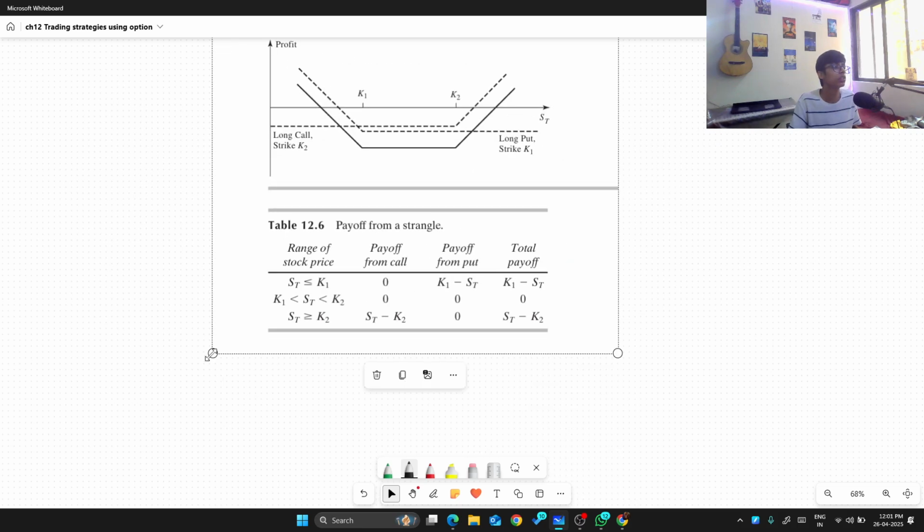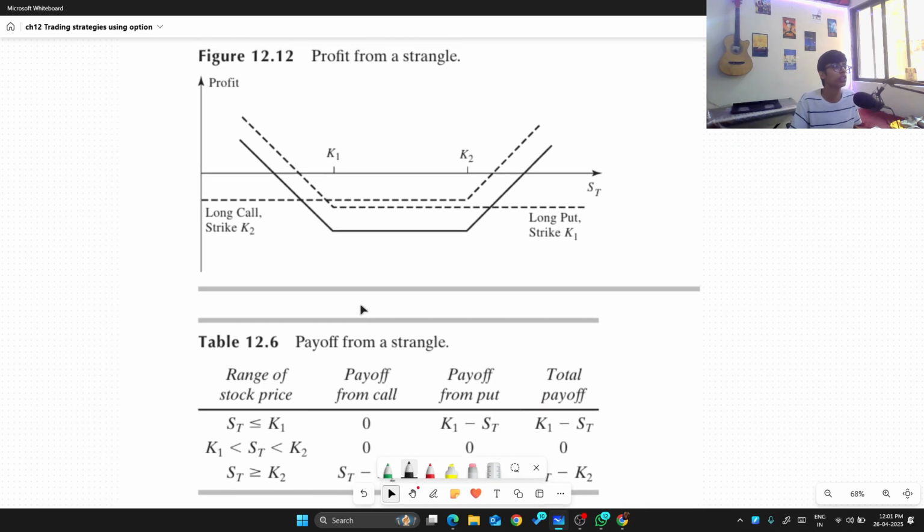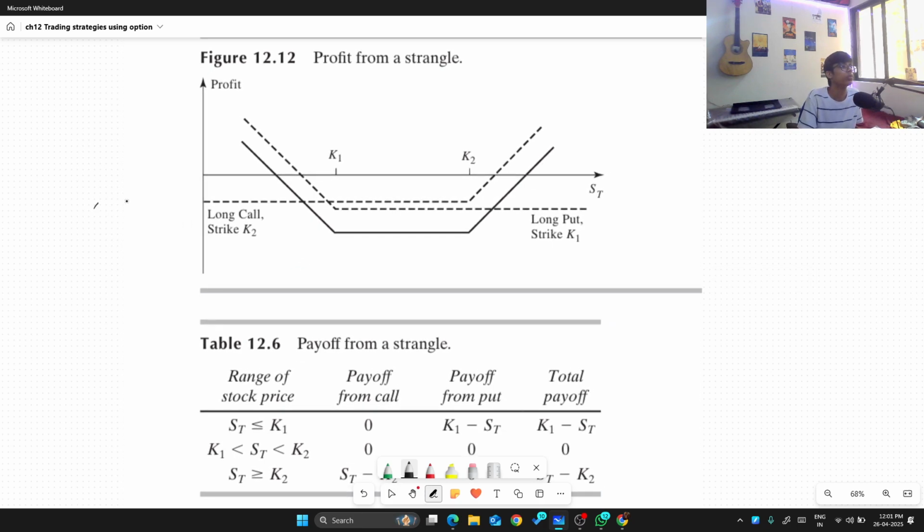Right? So let's analyze this. This is the total payoff of our portfolio, and it is used when we don't know where the price would move, but we know that there would be an extreme movement in the market. So that's why a strangle is built. If the price stays between the strikes, then we will face a huge loss.